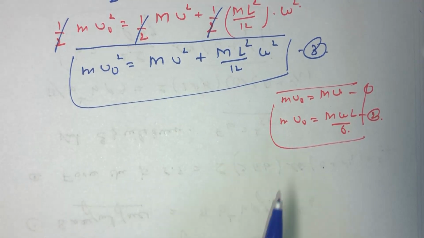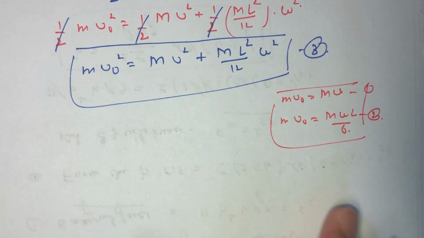So using first and second, left side is equal, so right side will be also equal.